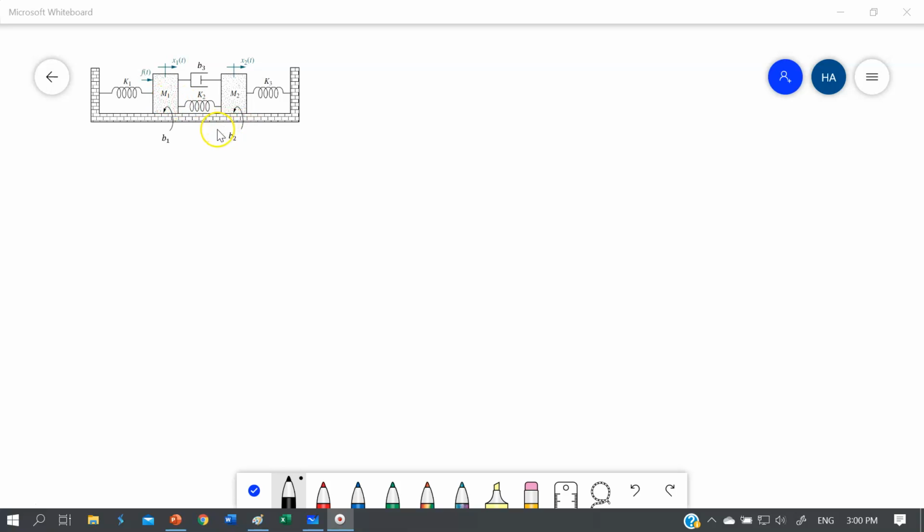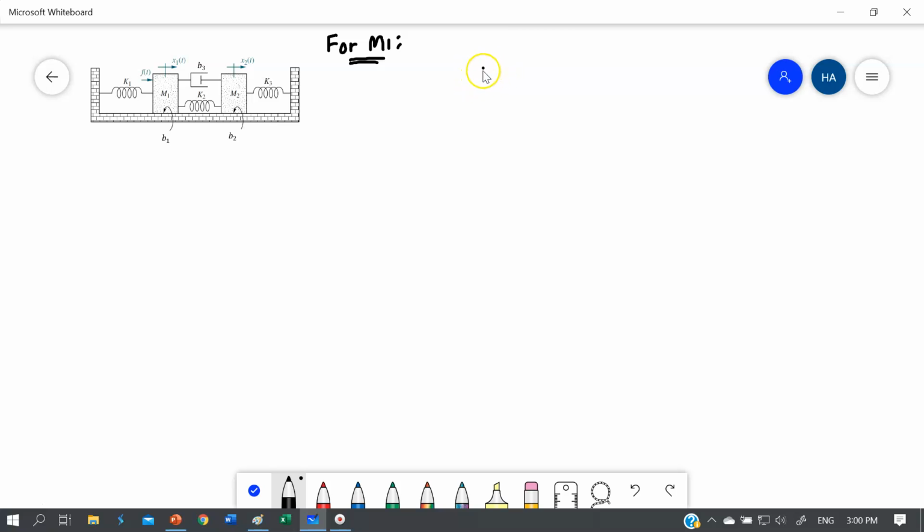Now, in order to determine the differential equation that represent this system, we have to find the equation of motion for M1 and M2 separately. And we do that by first, say for M1, first draw the free body diagram of M1.